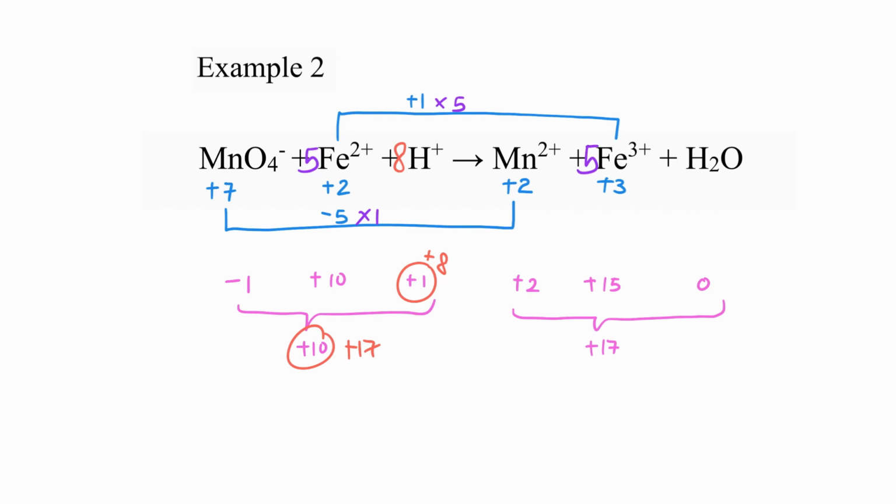So next to go for hydrogen atom. For the hydrogen atom, we have 8 hydrogen atoms on the left and we have only 2 on the right. So H2O got to multiply by 4 to have 8 hydrogen atoms. So just nice to balance off the oxygen atom, which is 4 on the right and 4 on the left. So now this equation is balanced.